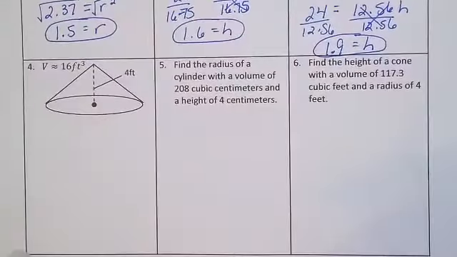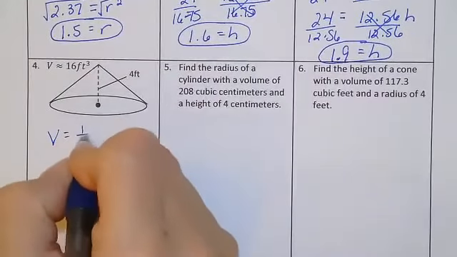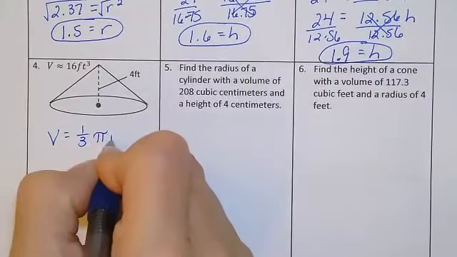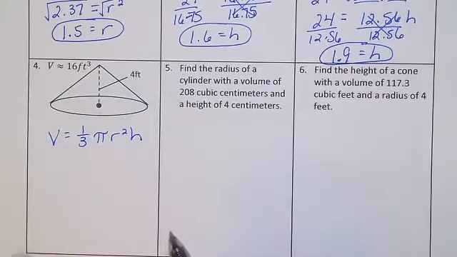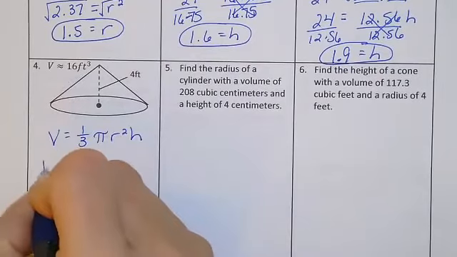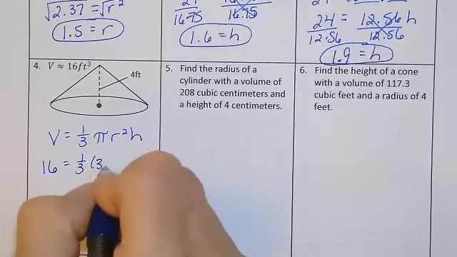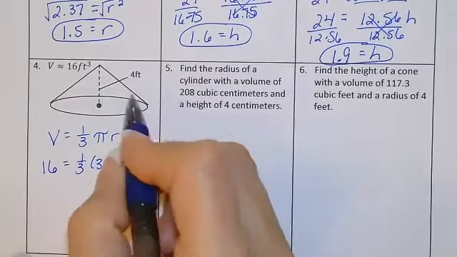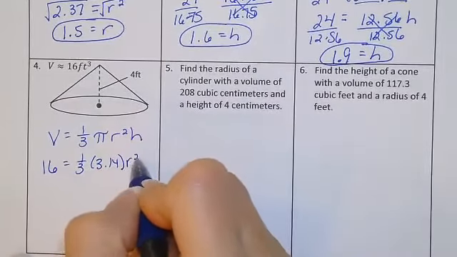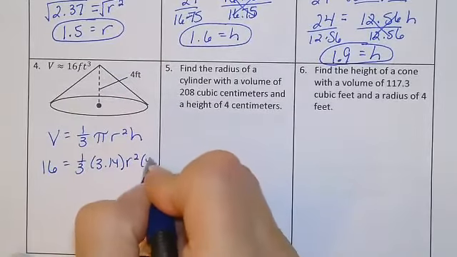All right, number 4. All right, given a cone. So my formula is 1/3 pi r squared h. Let's substitute. My volume is 16 pi. I don't know what my radius is, but my height is 4.